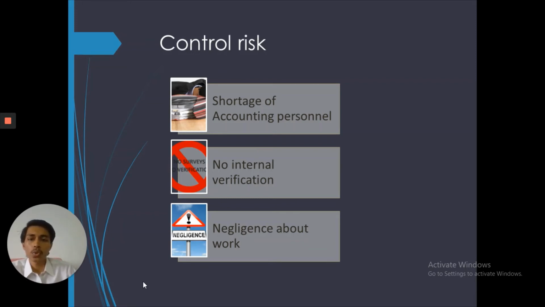This business does not have any internal verification. So if the accountant makes any mistake, there is no one who can tell them to correct their mistakes. And thirdly, negligence about work. In this business, they do not have enough accountants, so negligence about work is very likely because they have lots of things to do.